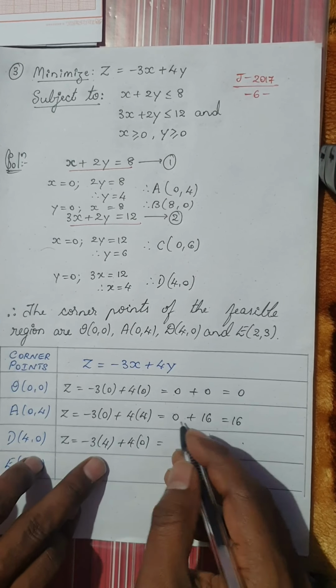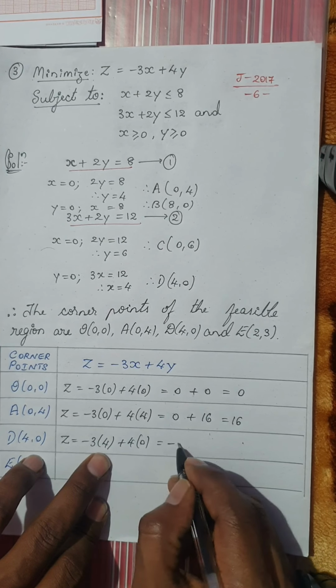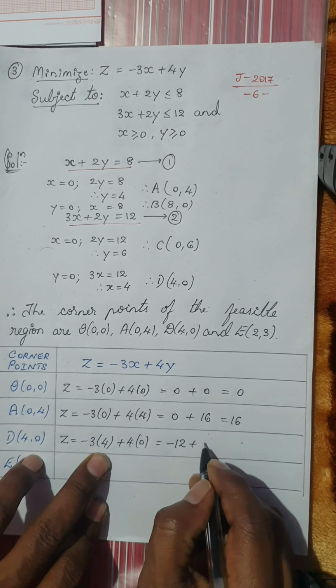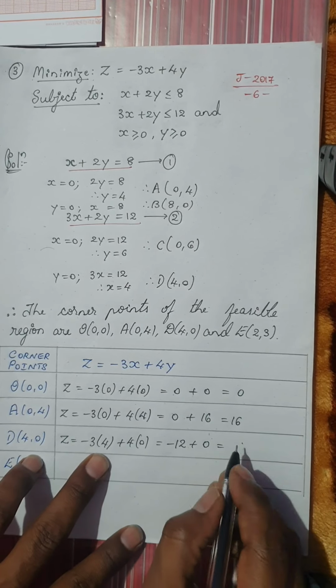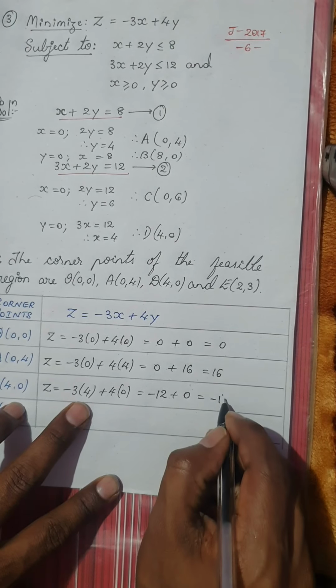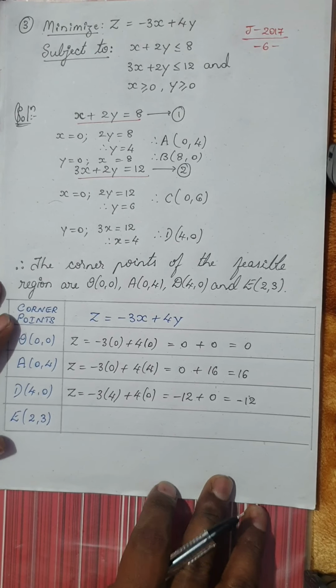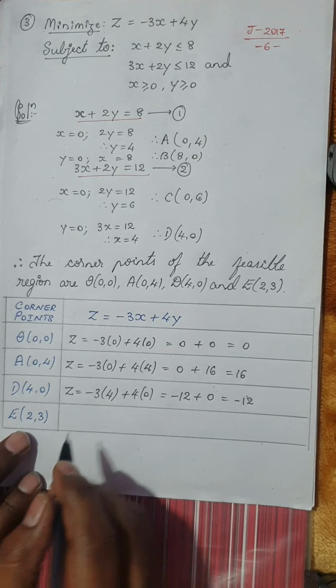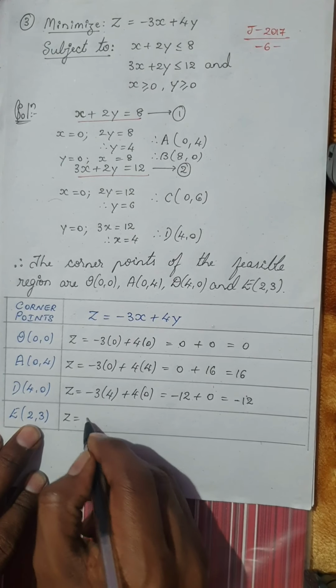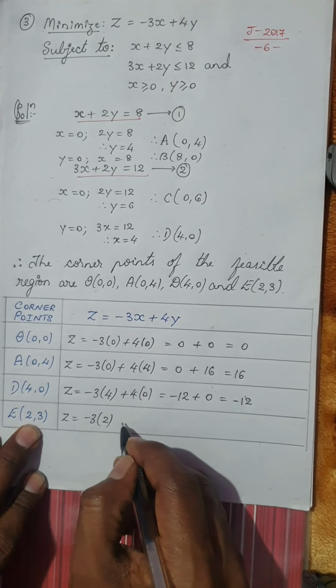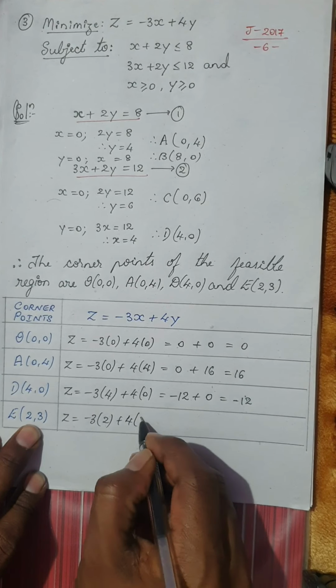Please be careful, minus 3 into 4 would be minus 12 plus 4 zeros are 0, that is nothing but minus 12. Is it clear? This is minus 12, and finally use the values 2 and 3 here. Z is equal to minus 3 into 2 plus 4 into 3.